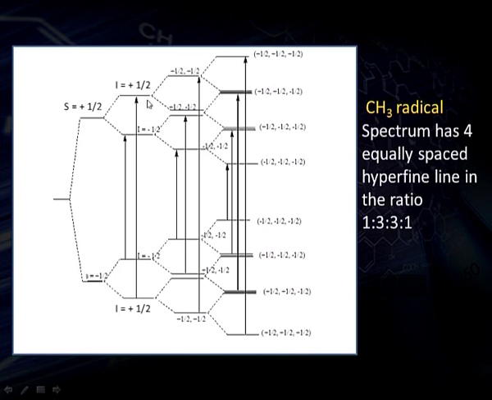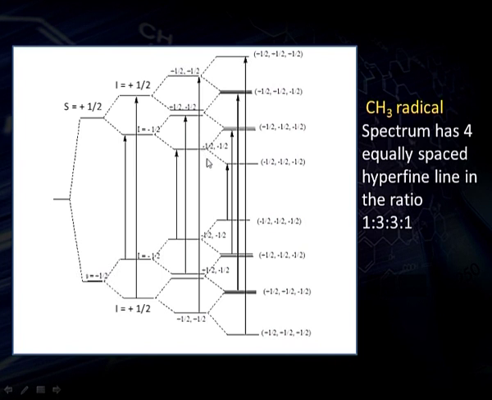Further, it interacts with the second proton. On interaction with the second proton, each single line splits into a doublet. We had 2 single lines in the upper level, so both of these split into a doublet. Again, this plus half will interact with the plus half of the proton and here with the minus half of the proton. Here also the minus half will interact with the plus half of the proton and the minus half of the proton.